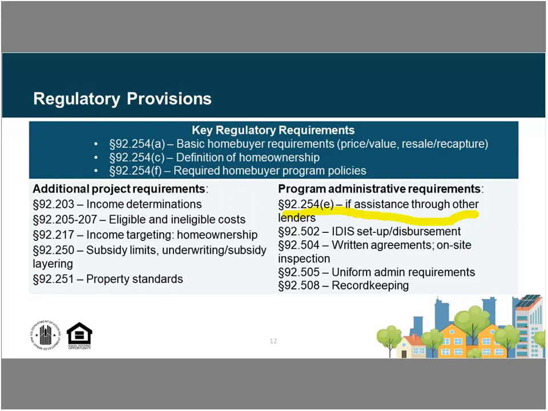That one is there if you deliver down payment assistance to homebuyers through a third-party lender, and there are some special requirements there. We won't spend time on that today as much as we will next time, but I wanted to alert you that it was there.